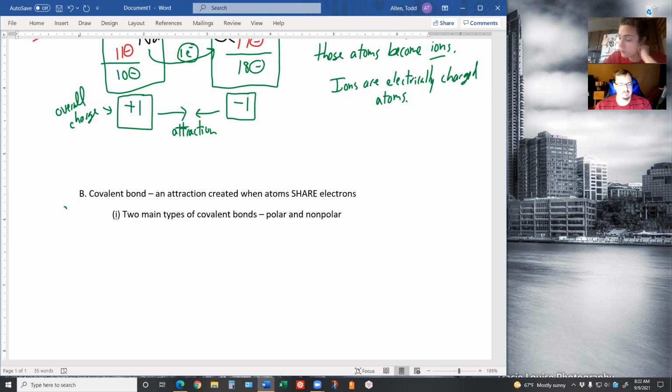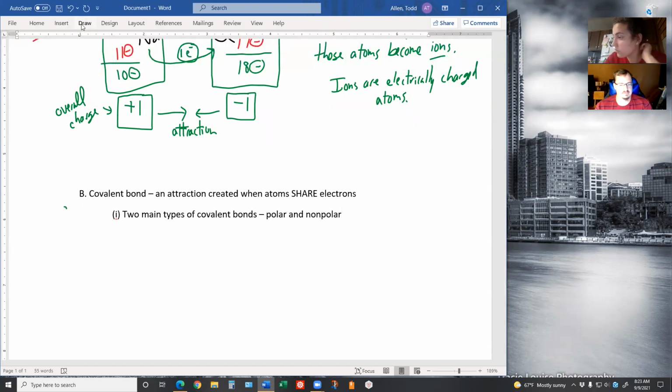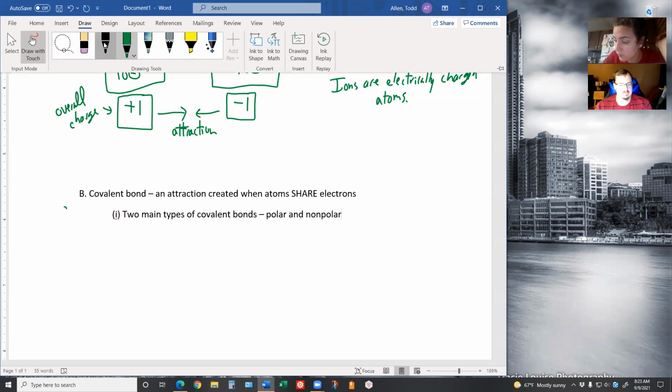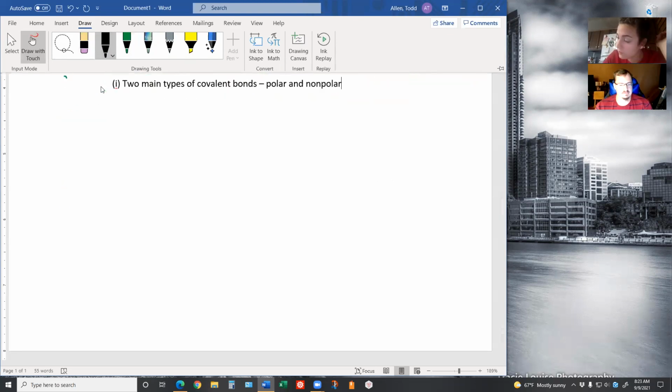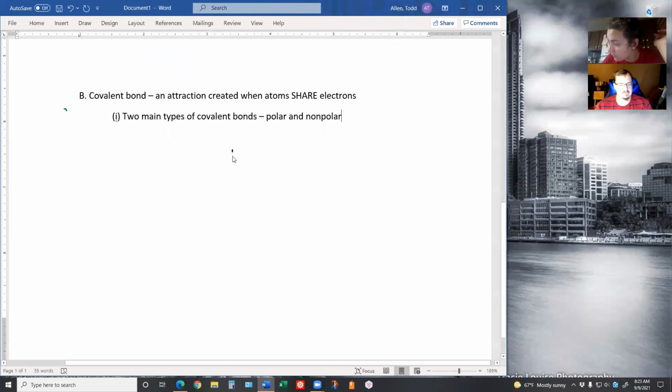I'm going to once again draw a little bit of schematic here in order to describe these things. I'm going to describe the nonpolar covalent bond situation first, and I'm going to put nonpolar here on the right.